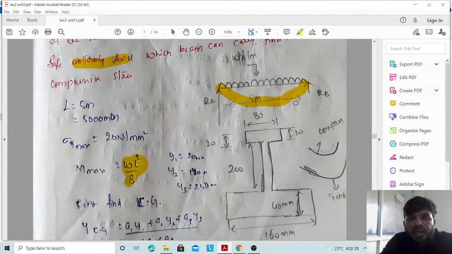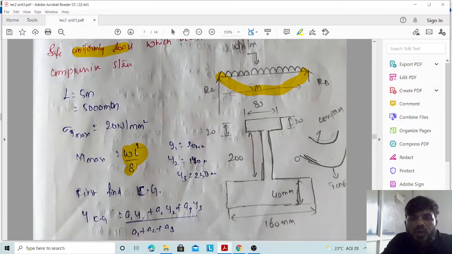When you are bending like this, the I section will bend like this, so the upper surface will undergo compression and the lower surface will undergo tension. Now, how to identify the neutral axis, which will be present at the center? Nothing but by identifying the centroid.